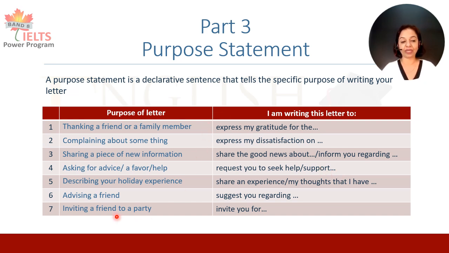In case you write a letter describing your holiday experience, your purpose statement will be, I am writing this letter to share an experience or my thoughts on, depending on the experience you are going to explain. If you're advising your friend, then you will write, I'm writing this letter to suggest to you regarding whatever advice your friend is asking on.